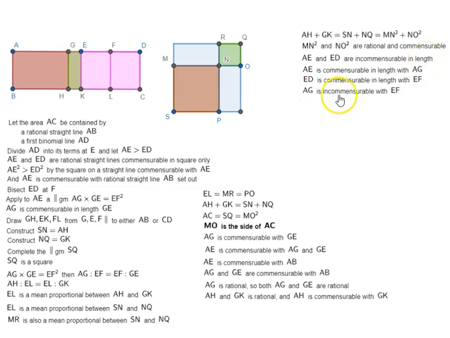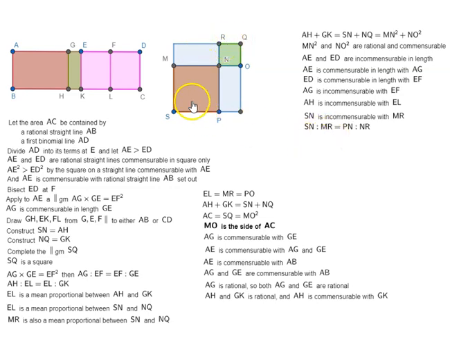So that means AG is incommensurable with EF, which means the figure on AG, that is AH, is incommensurable with the figure on EF, that is EL, which means SN is incommensurable with MR. Why? Because AH is equal to SN and EL is equal to MR.